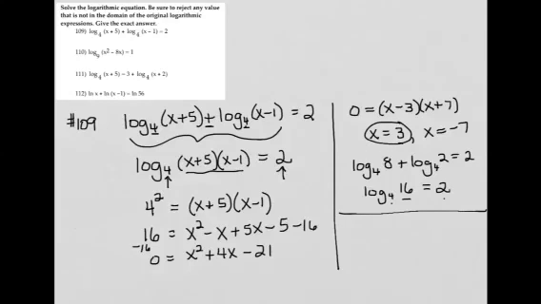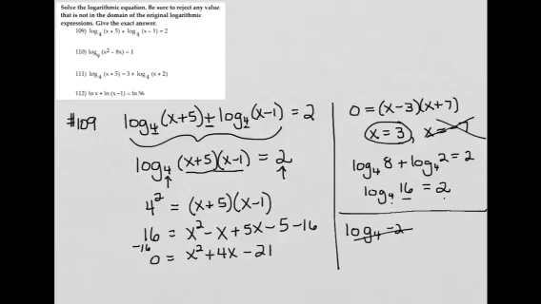I was more suspicious of the negative 7 anyway, so now let's check that. We have the log base 4 of negative 7 plus 5, which gives me a negative 2. Can't have the log of a negative, so the negative 7 is out. I don't need to go any further. If I had kept going and plugged in the negative 7 to the second logarithm and multiplied, I would have had two negatives multiplying to make a positive.